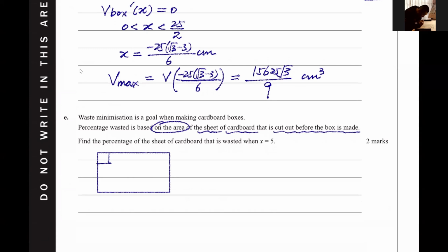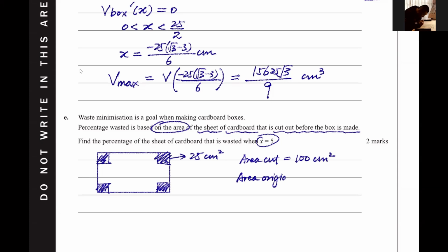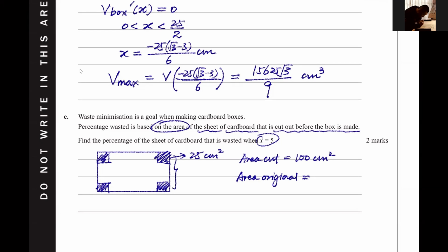So if you waste 4 corners, these 4 corners will be cut off. x equals 5. So each corner is 25 centimeters squared. So area cut equals 100 centimeters squared. For the original area, it's based on the area, not the volume, okay? So we know this is 25 centimeters, that's the width, and that's the length, 50 centimeters.